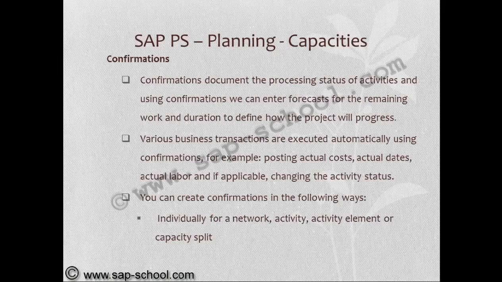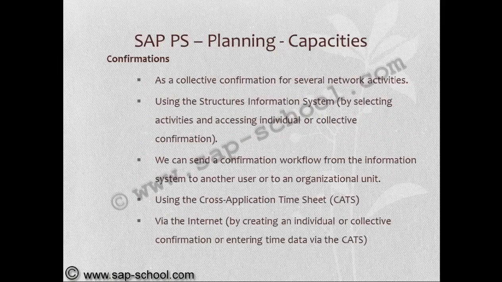We can create confirmations in the following ways: individually for a network, activity element, or capacity split. As a collective confirmation for several network activities, using the structures information system by selecting activities and accessing individual or a collective confirmation, we can send a confirmation workflow from the information system to another user or to an organizational unit.